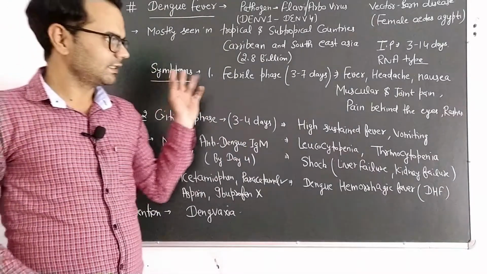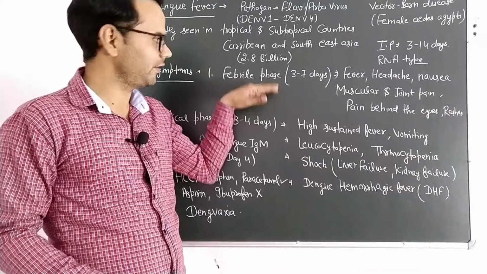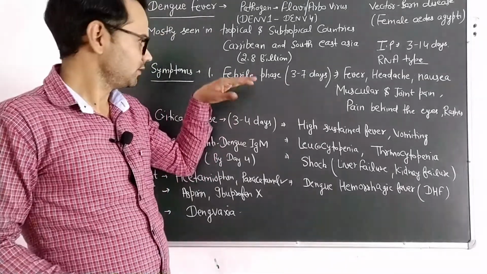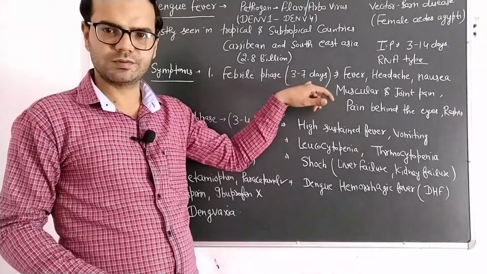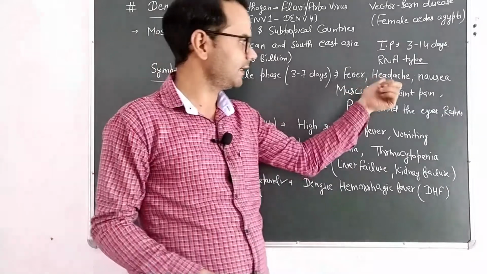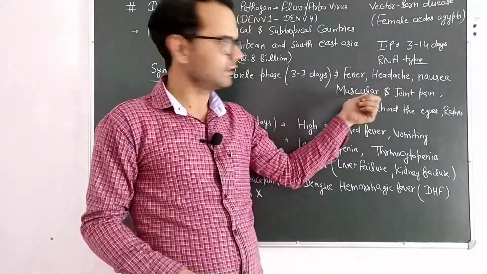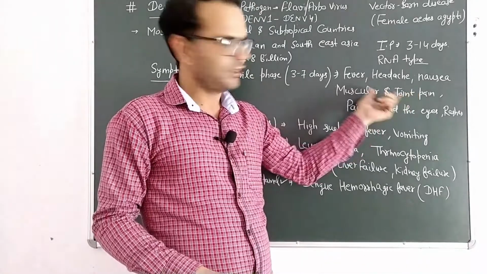So symptoms are divided into two phases. First is the febrile phase. Febrile means normal phase. In the febrile phase, symptoms appear and last for 3 to 7 days. The symptoms are normal: fever, headache, nausea, muscular and joint pain. Due to muscular and joint pain, unbearable pain occurs.